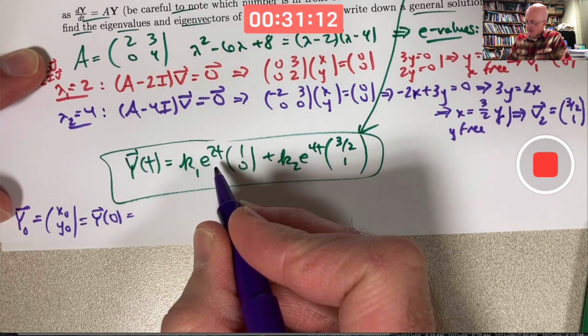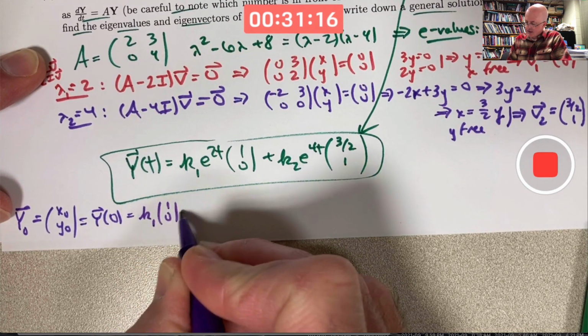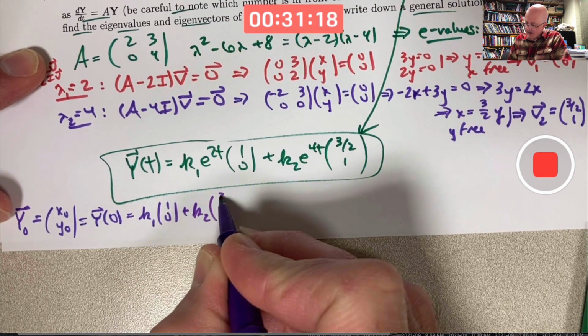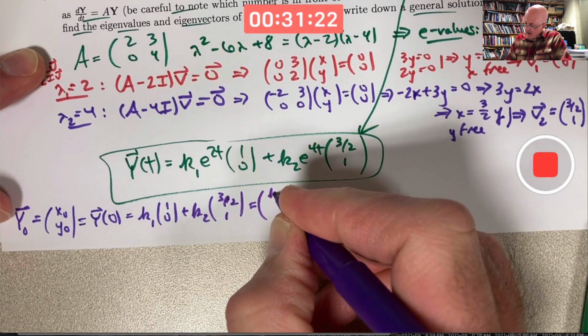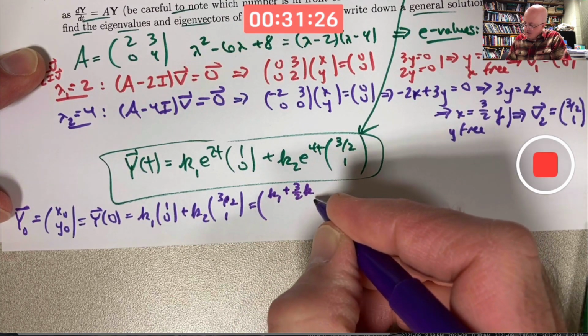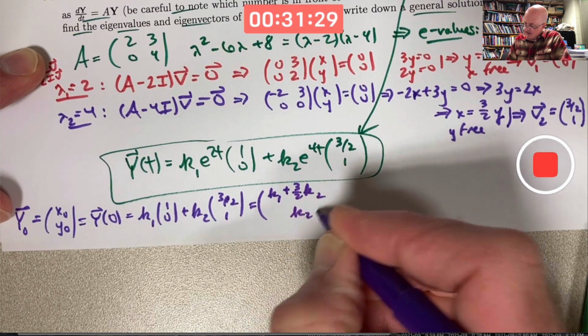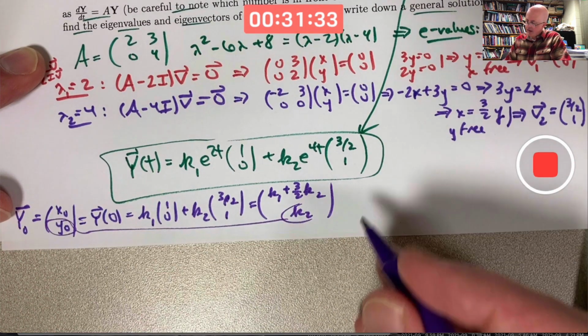Plug in t equals 0. E to the 0 is 1, so you're going to get k1 (1, 0) plus k2 (3/2, 1), which equals k1 plus 3/2 k2 in the first component and k2 in the second. So that means k2 does have to be the same as y0.